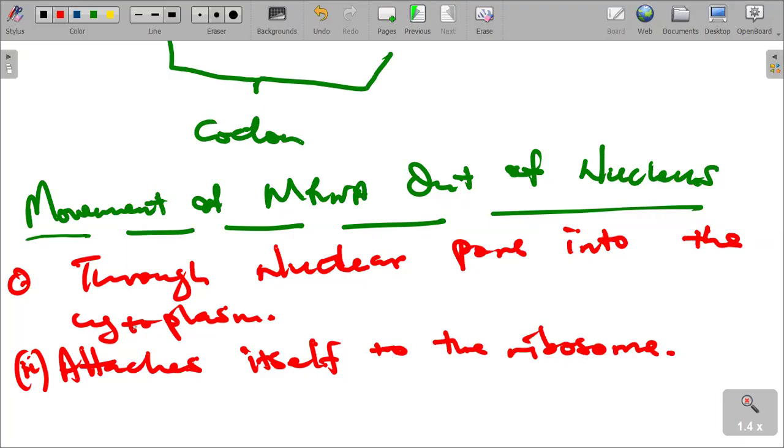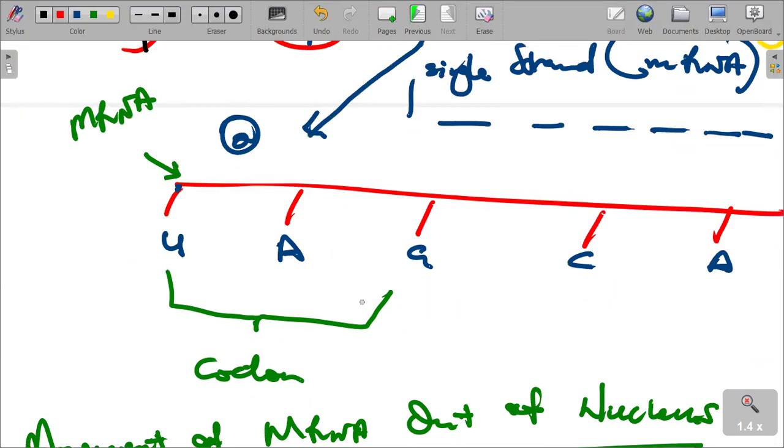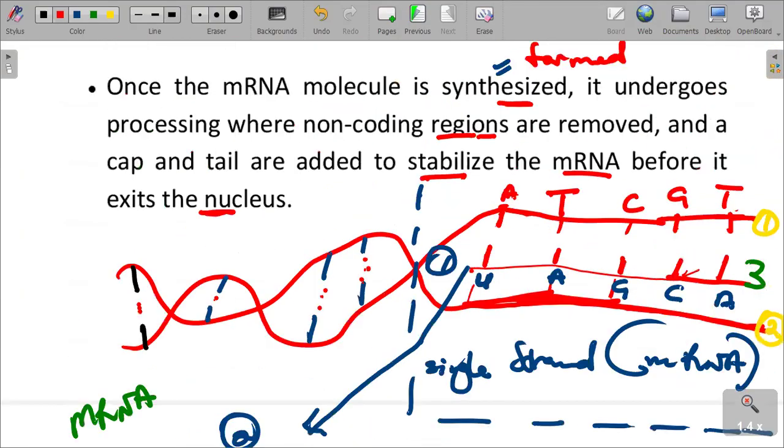So the movement of mRNA out of the nucleus happens through the nuclear pore into the cytoplasm, where it attaches itself to the ribosome. Having said that, that is exactly the entire process that you can define and explain, the process of transcription.